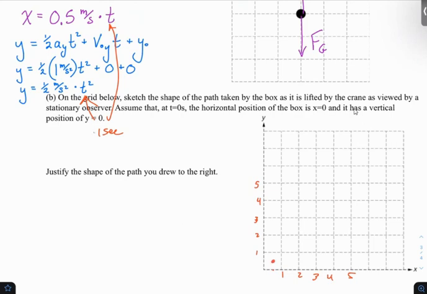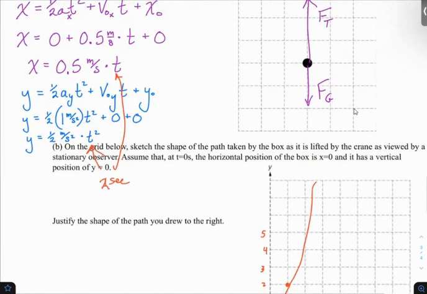So it'd be right there. If I plug in 2 seconds, I get 2 times 0.5, which is 1 for the x, and 2 squared times 1/2 is 2, so that would be here. Does that make sense? You just plug in the same time for both, and then you graph it.